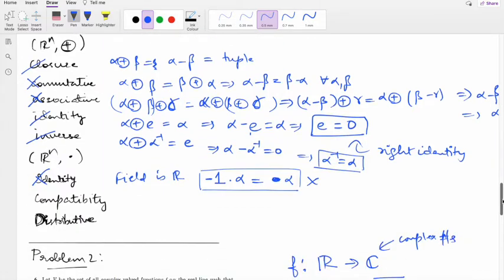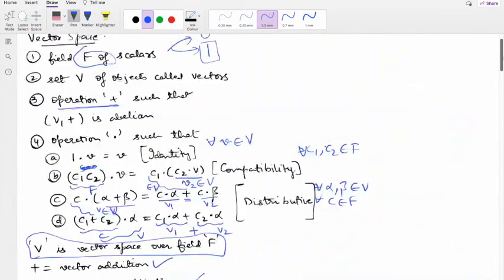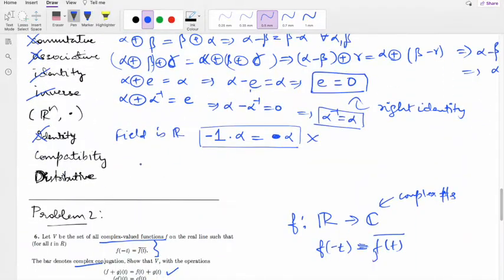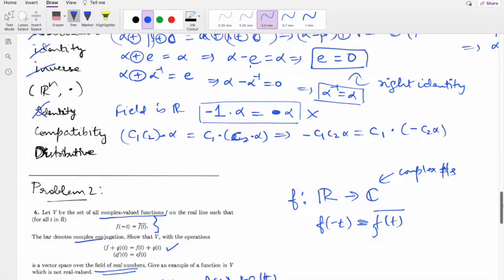Compatibility talks about, let's say I have two numbers c1, c2. Is c1 c2 dot alpha equal to c1 dot c2 dot alpha, right? This is just minus c1 c2 alpha by definition. This is c1 dot, this is minus c2 alpha, right?